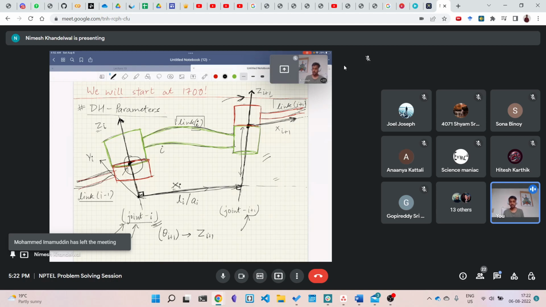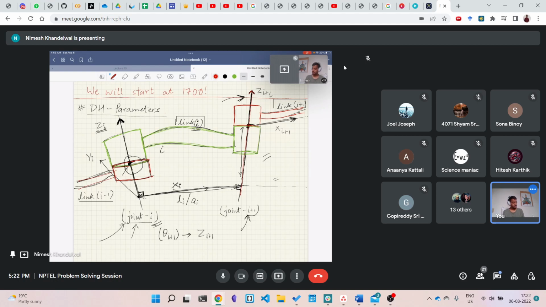The z axis is along the axis of rotation of this joint, because if these two cylinders have to rotate, they have to be aligned, face over each other. So their common axis is what I call zi. Similarly, the common axis of link i and i plus 1 for joint i plus 1, I call zi plus 1.